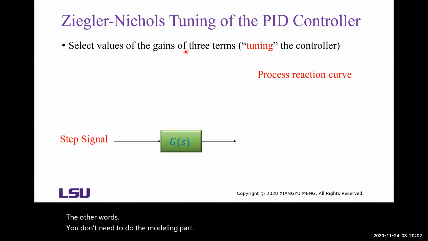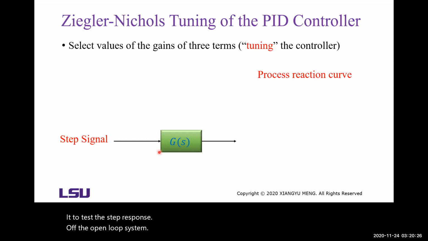Then how are we going to tune the controller, or select the values of the parameters? So the first step is to test the step response of the open loop system.